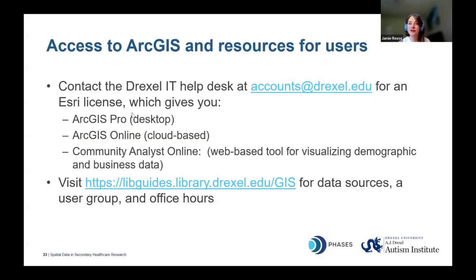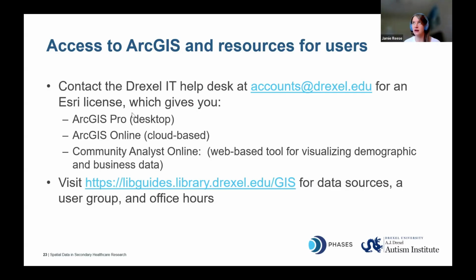There are some resources that are available to you now and on an ongoing basis. One of them is access to ArcGIS. When you're with Drexel, you can just reach out to the help desk, and they'll set you up with an Esri license. That will give you ArcGIS Pro, which is the desktop version. It's very powerful and has a lot of great analytic tools.